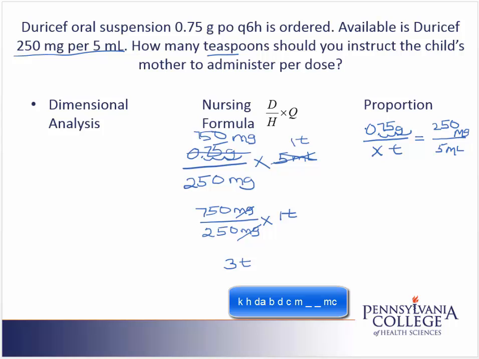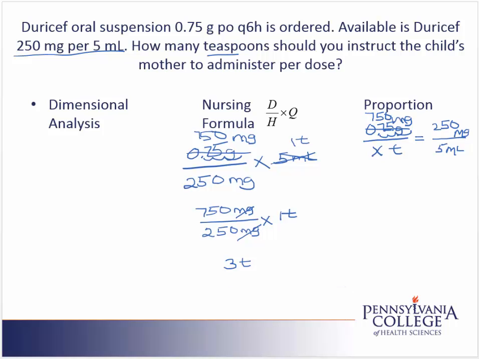So this amount becomes 750 milligrams. This now gives me matching labels on the top of my fractions, so I am closer to having a true proportion. On the bottom of my fractions, I have teaspoons and milliliters. This is an easy conversion because I have memorized that 5 milliliters is equivalent to a teaspoon, so I can replace this with 1 teaspoon.